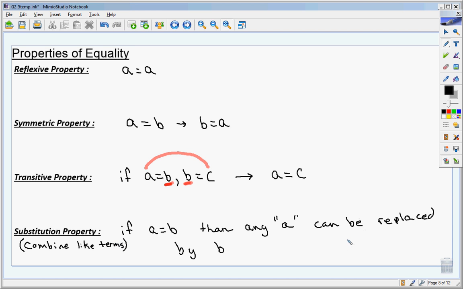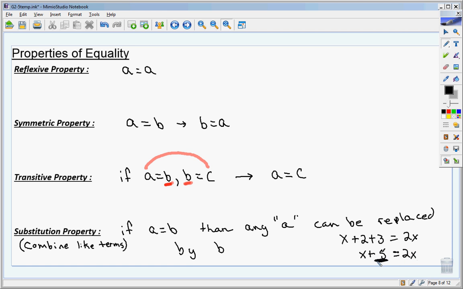Just as an example, if you had something like this, x plus 2 plus 3 equals 2x. Underneath it, you would have written x plus 5 equals 2x.